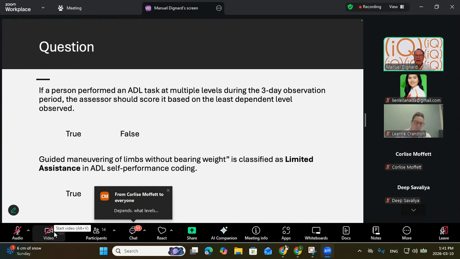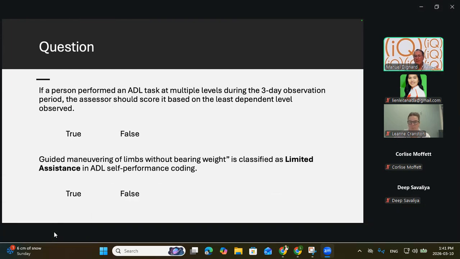So we have to look at in general, does this apply? So when performance varies, the most dependent of the three most dependent episodes is used unless there's a score of 6, in which case the ADL is scored as a 5. So if you're looking at every type of this scenario, this is false.